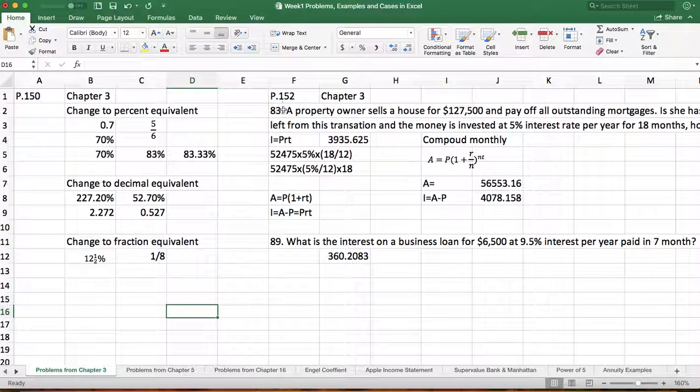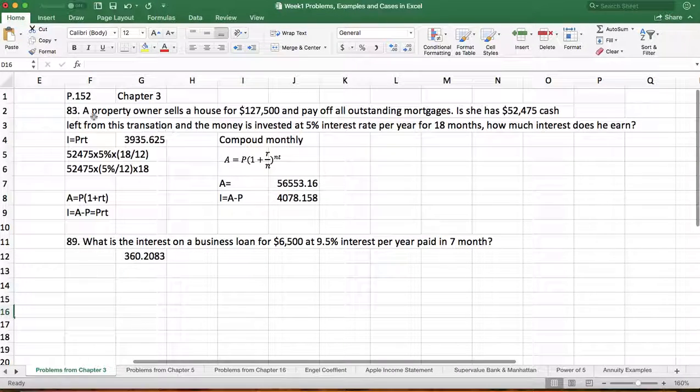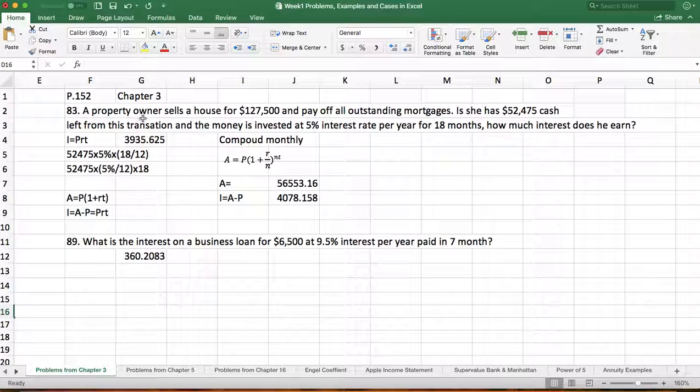So for chapter 3, page 152, this problem. A property owner sells a house for 127,000 and pays off all outstanding mortgages.